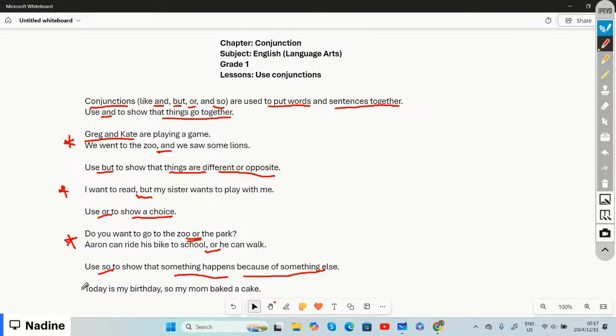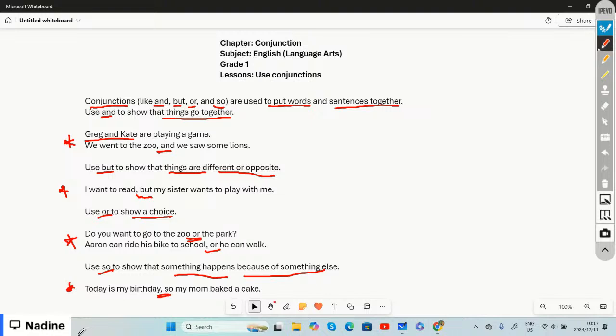And if we look at an example, it says, today is my birthday, so my mom baked a cake. So it's almost like they're asking, oh, why would we have cake? Then you say, because it's my birthday.